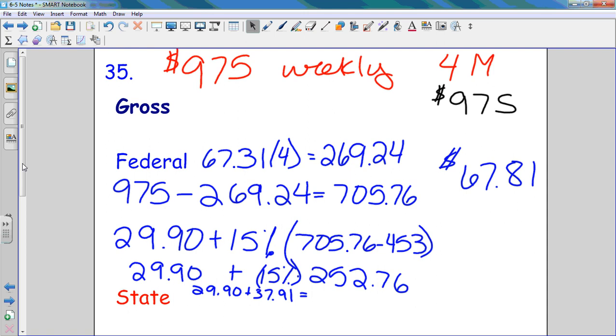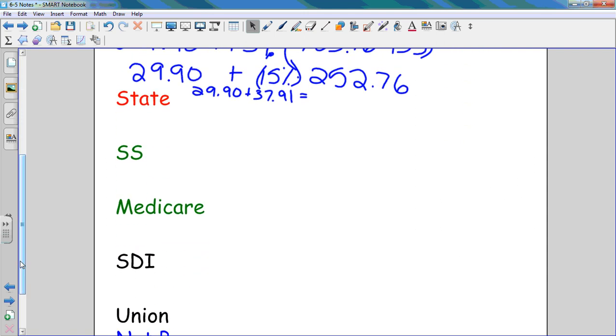Now, state withholding. Well, if you look on page 230 where the problem is, up in the top of the directions, what does it tell me my state withholding is? What percentage? 3.4%. That's what I found in the problem and the directions.